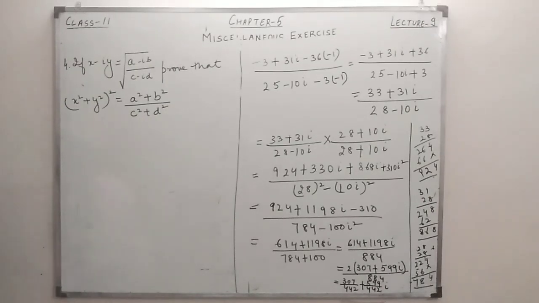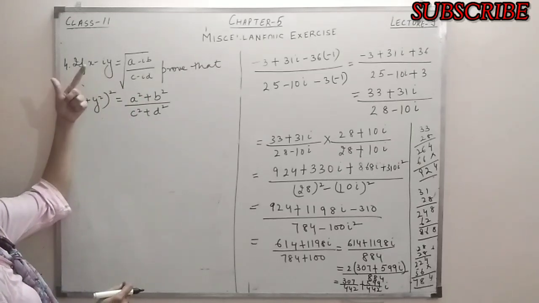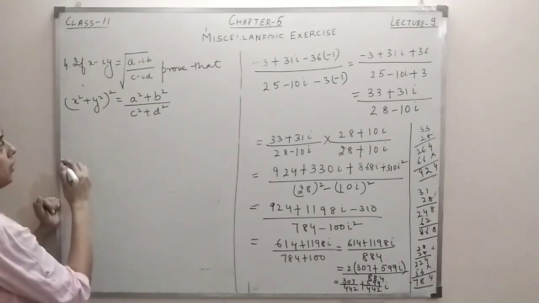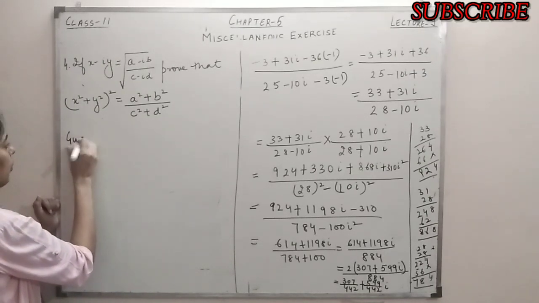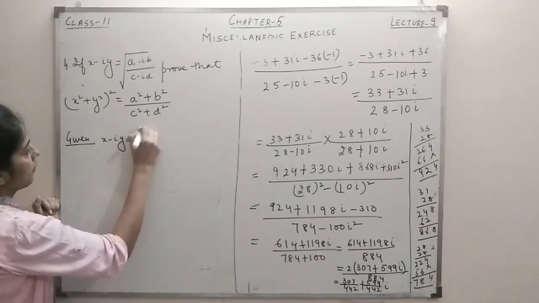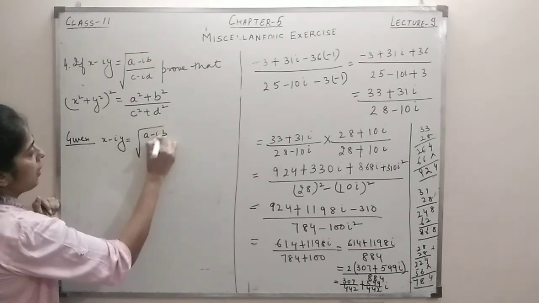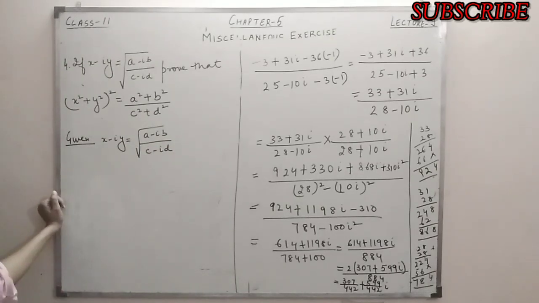Right? So how to solve this? First of all, what is given? The given is x minus iota y equals square root of a minus iota b upon c minus iota d.